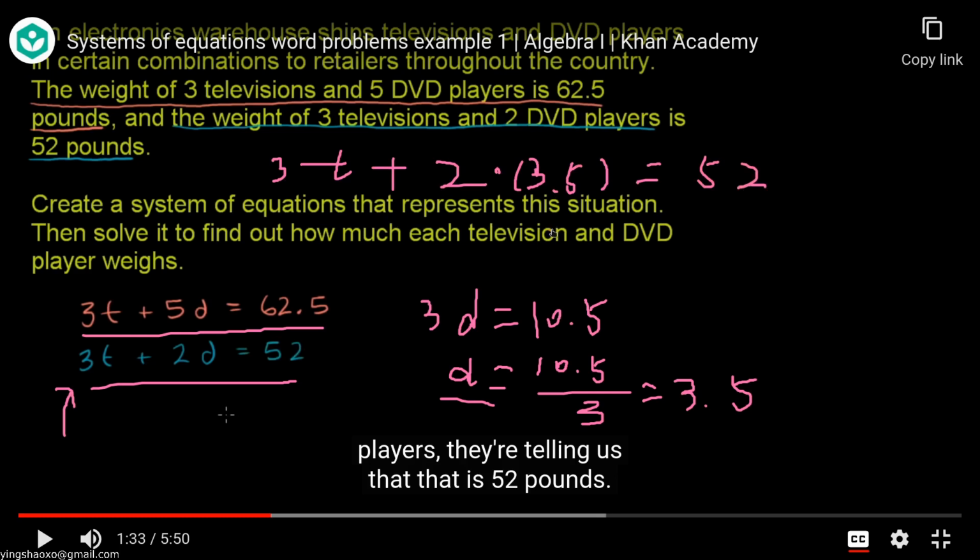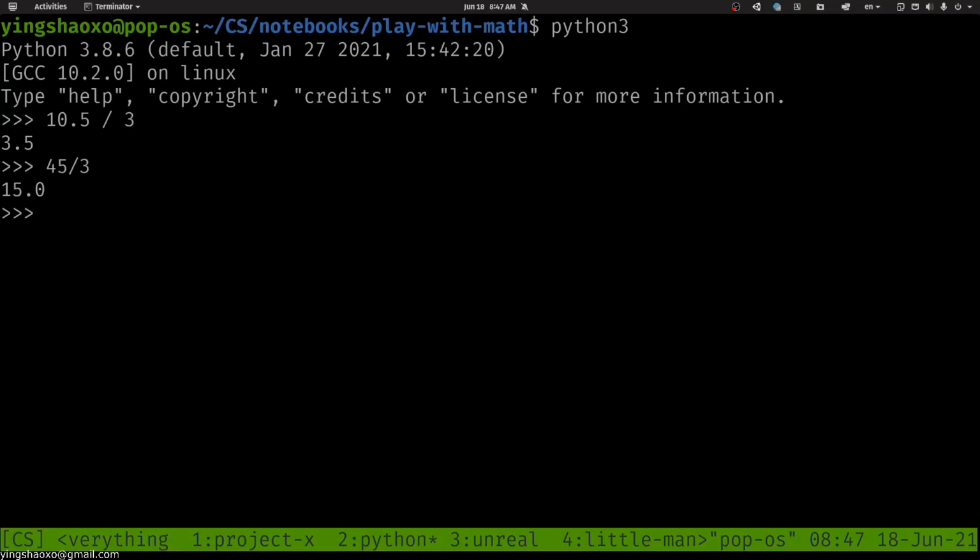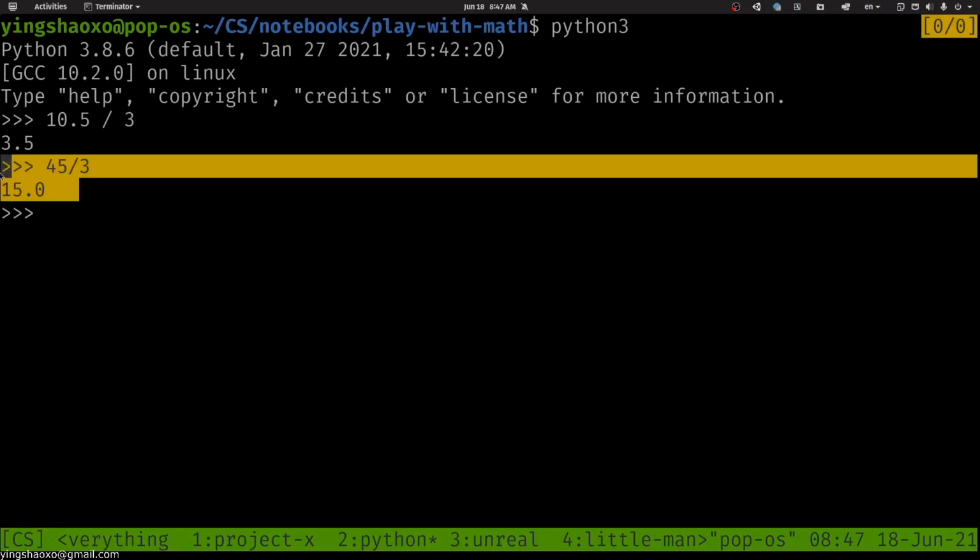If you think about this, that would be 3t equals 52 minus 7, which is equal to 45 if I'm doing the calculation right. And then t would be equal to 45 over 3. If we use Python to solve that, we'll get 15.